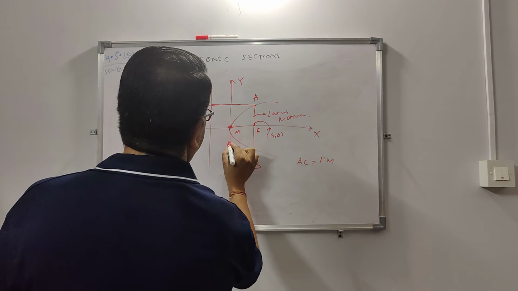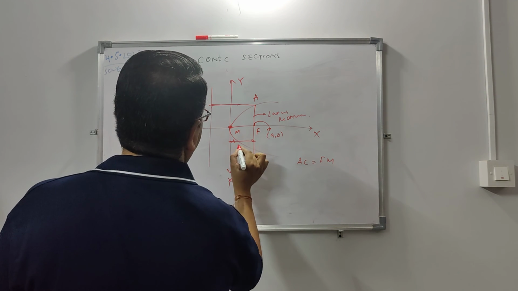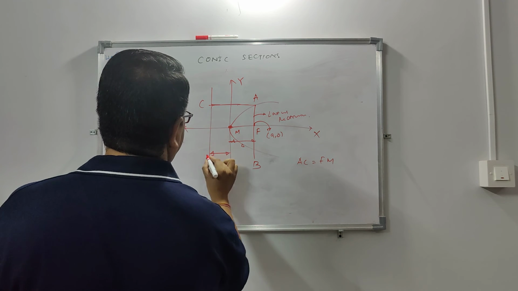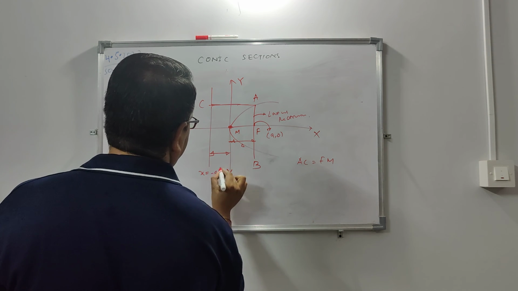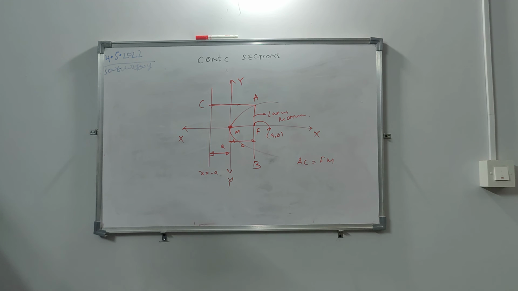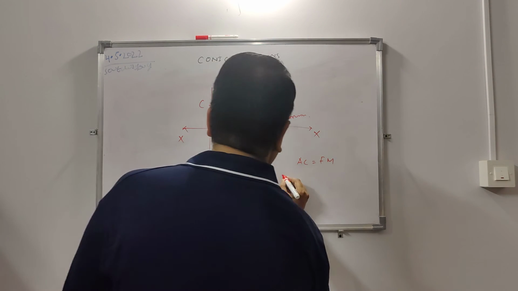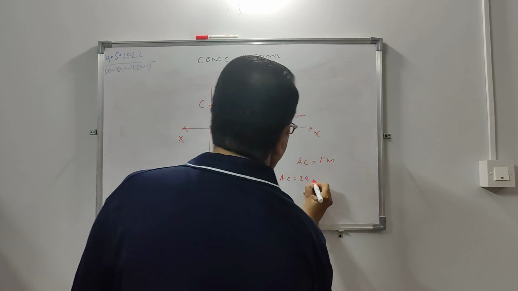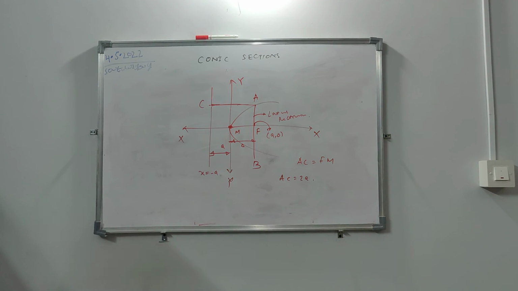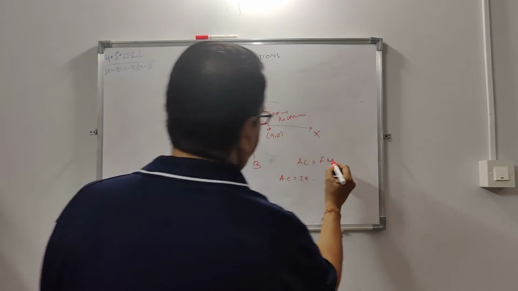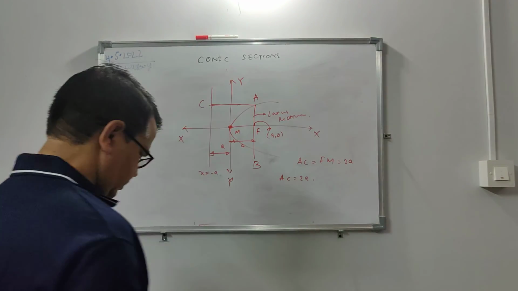This distance is a, and that is also a, so it is 2a. This is nothing but your x equal to minus a. So AC is equal to FM is equal to 2a.